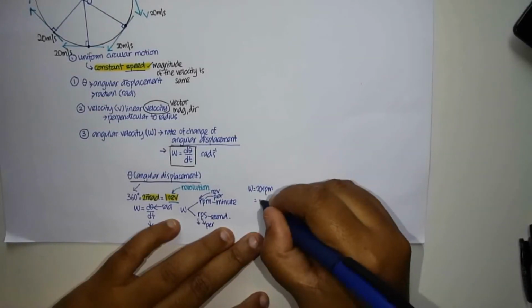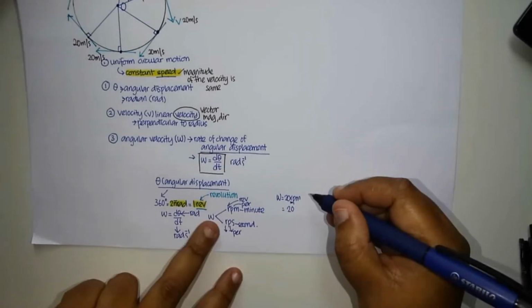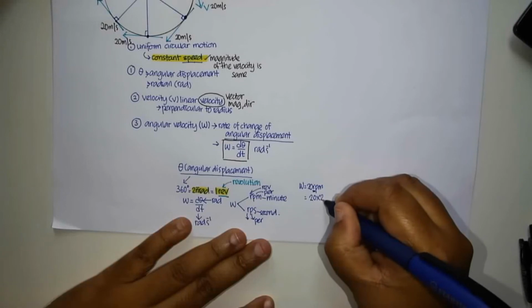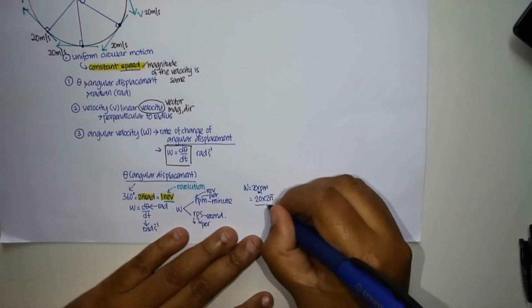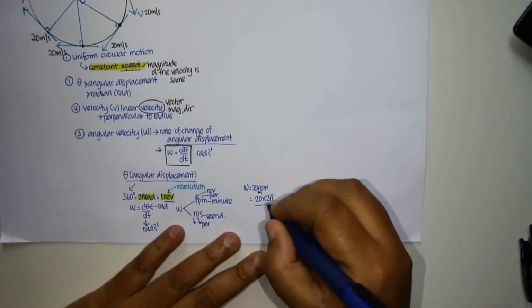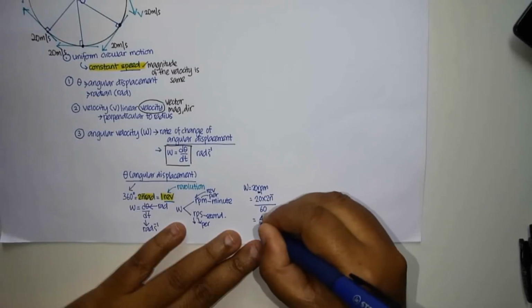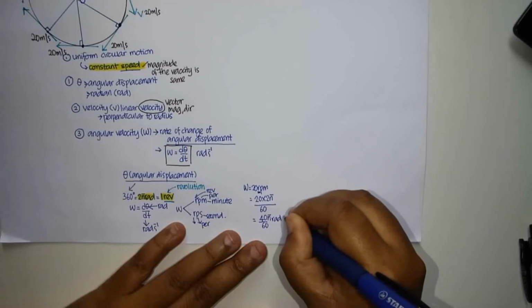How do you solve this? 20 rev. 1 rev is 2 pi radian, so you multiply by 2 pi. P stands for per minute. 1 minute has how many seconds? 60 seconds. So it's 40 pi per 60 radian per second.